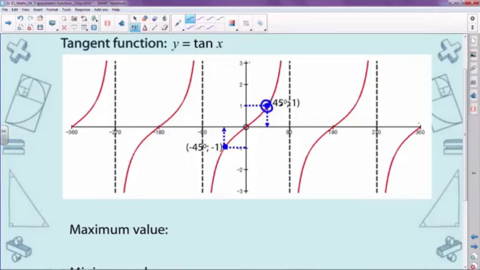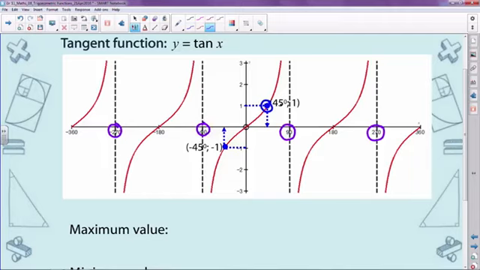That is a special angle, so tan 45 is 1. So where it caps, and also for negative 45. And remember, this is the graph that has got asymptotes. It is asymptotic at negative 90, negative 270, and then 90 and 270.